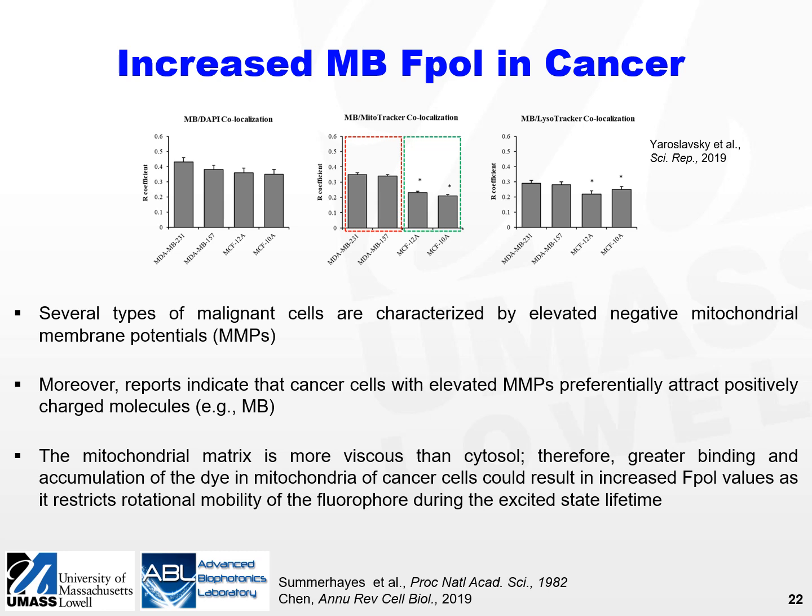Reports indicate that cancer cells with elevated mitochondrial membrane potentials preferentially attract positively charged molecules like methylene blue. The mitochondrial matrix is more viscous than primarily aqueous cytoplasm. Therefore, our hypothesis is that greater binding and accumulation of the dye in mitochondria of cancer cells could result in increased fluorescence polarization values, as it restricts rotational mobility of the fluorophore during the lifetime of the excited state.